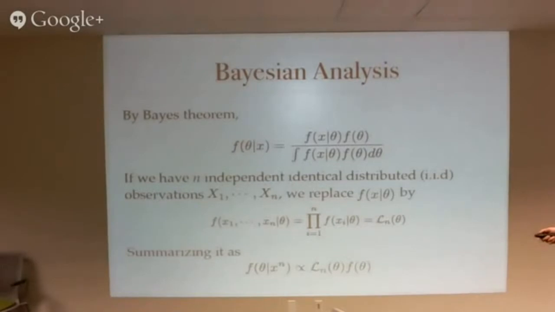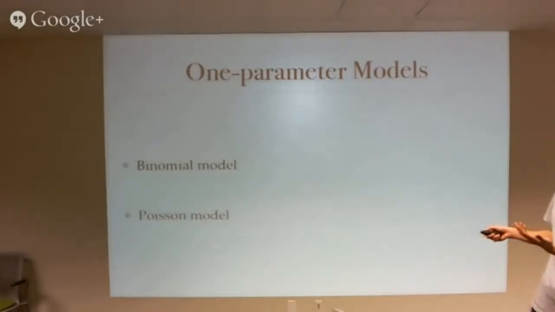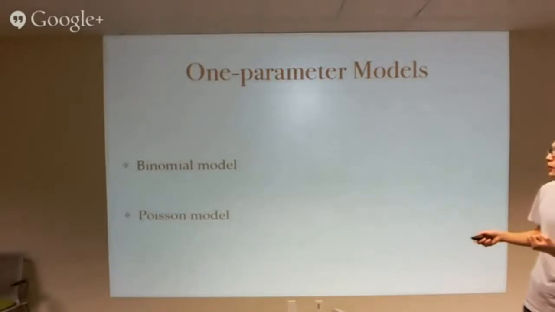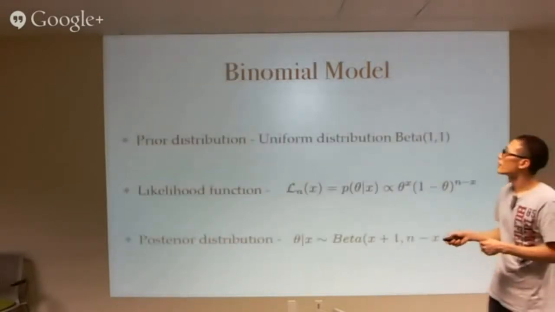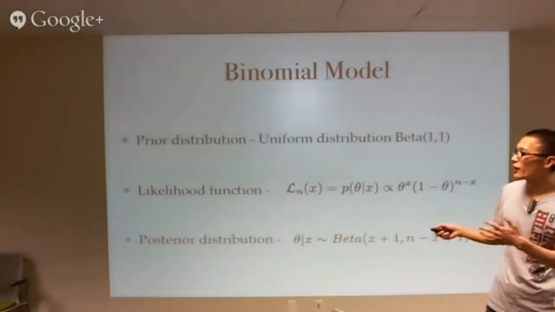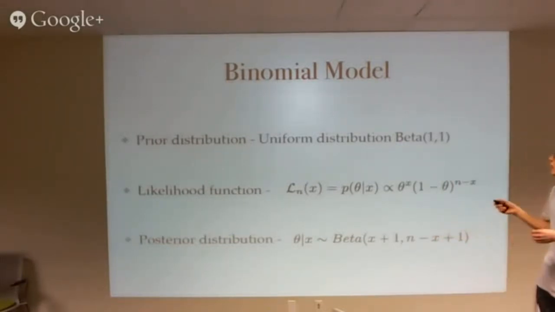This is the basic idea of Bayesian analysis, and I'm going to introduce two parametric models. The first one is the binomial model, and the next one is the Poisson model. In the binomial model, the prior distribution is a uniform distribution.